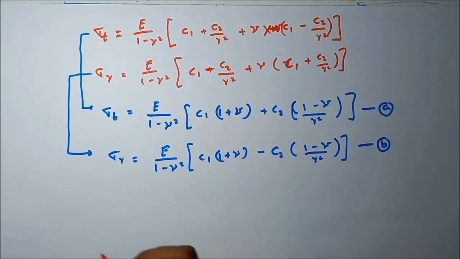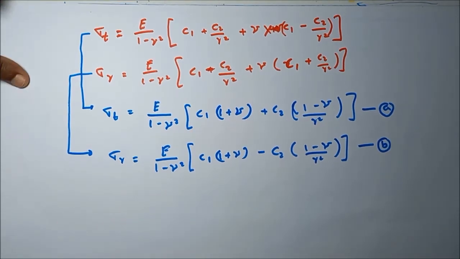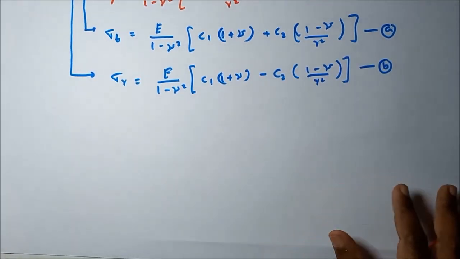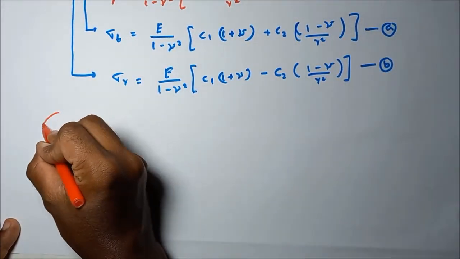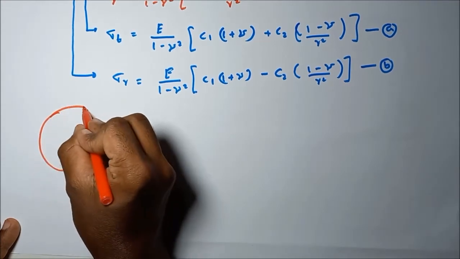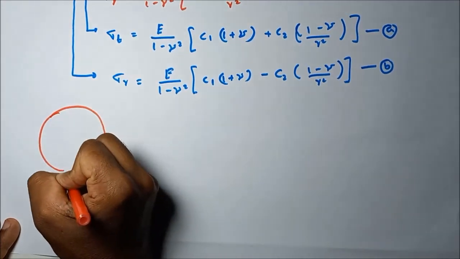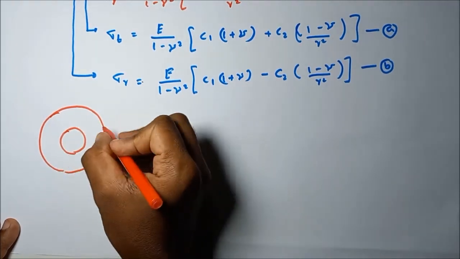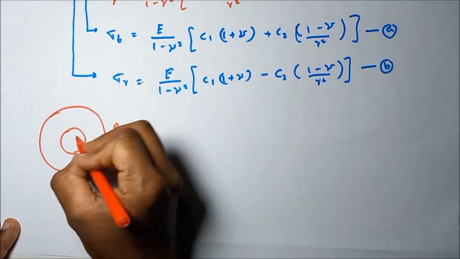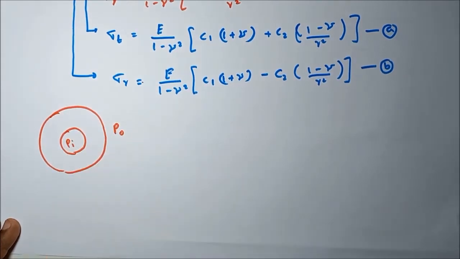Then what are the boundary conditions? Okay, let's take the situation of a cylinder under internal and external pressure. Let's take the thick wall cylinder. The external pressure P out, the internal pressure Pi.